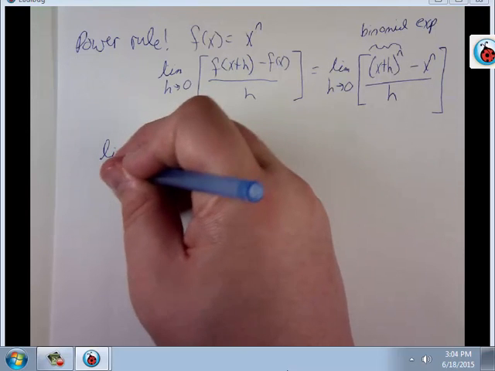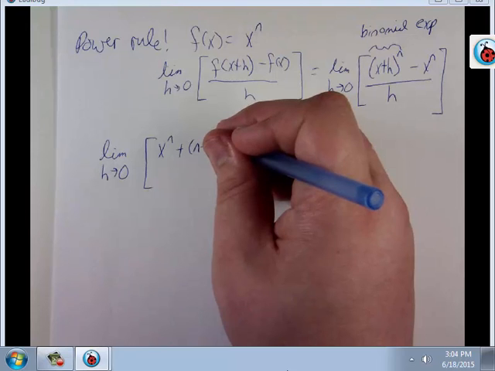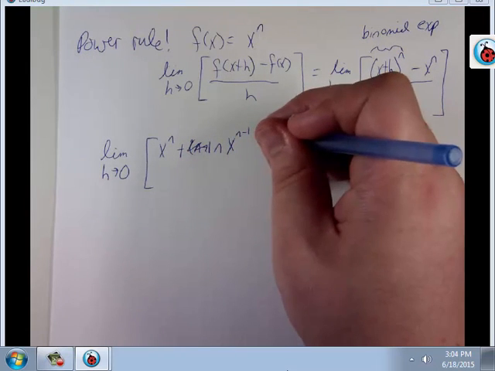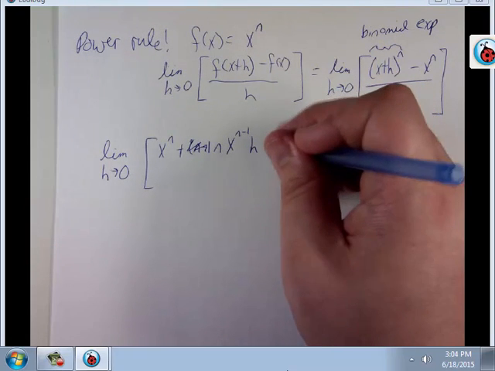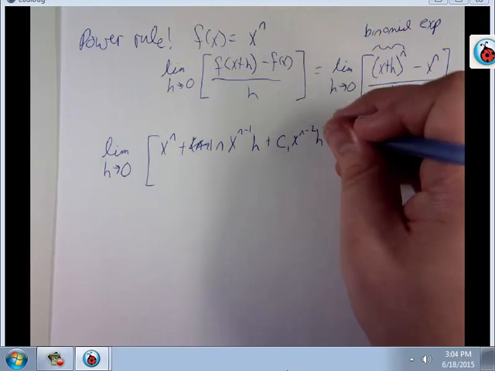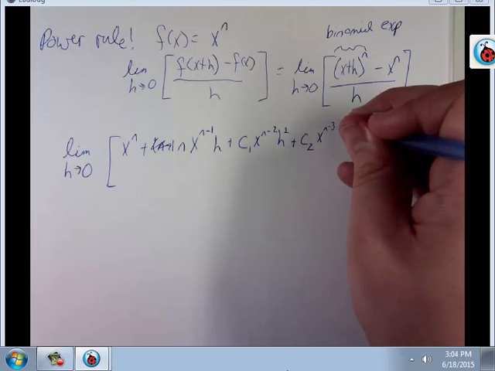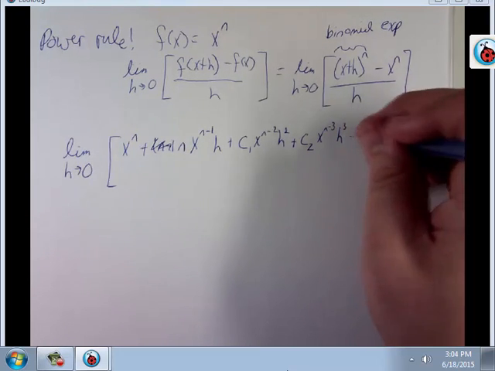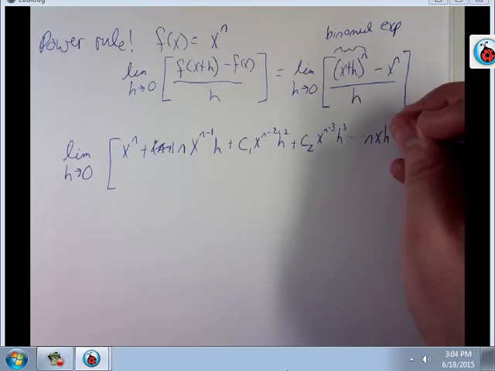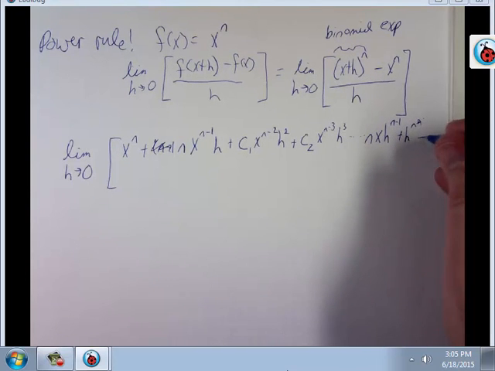I'll just go over what you end up with. x to the n plus n times x to the n minus 1 times h, plus a constant, which we'll call c1, x to the n minus 2, h to the second, plus another constant, x to the n minus 3, h to the third, and that keeps going until we have n times x times h to the n minus 1, plus h to the n, minus x to the n.